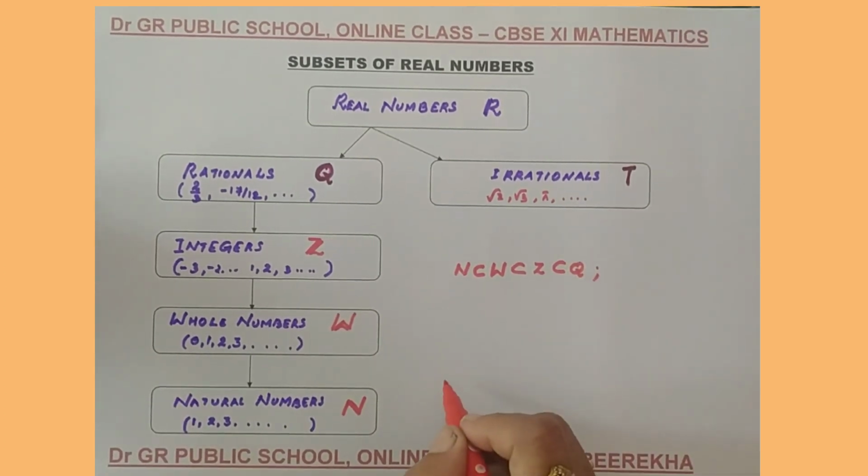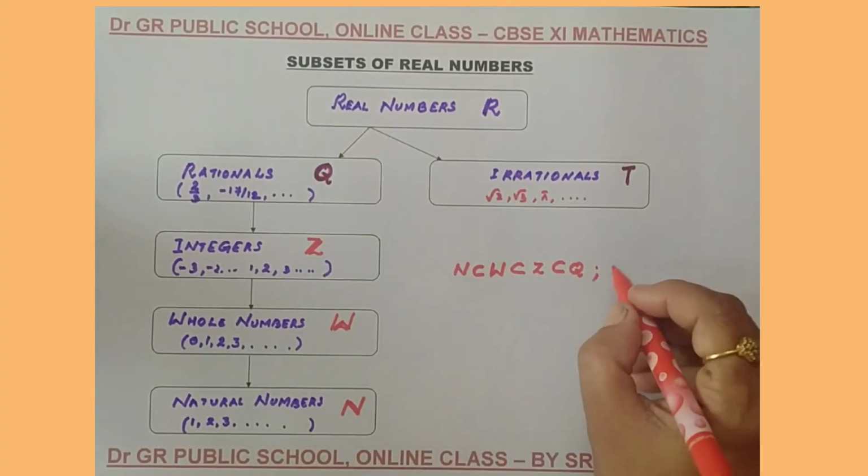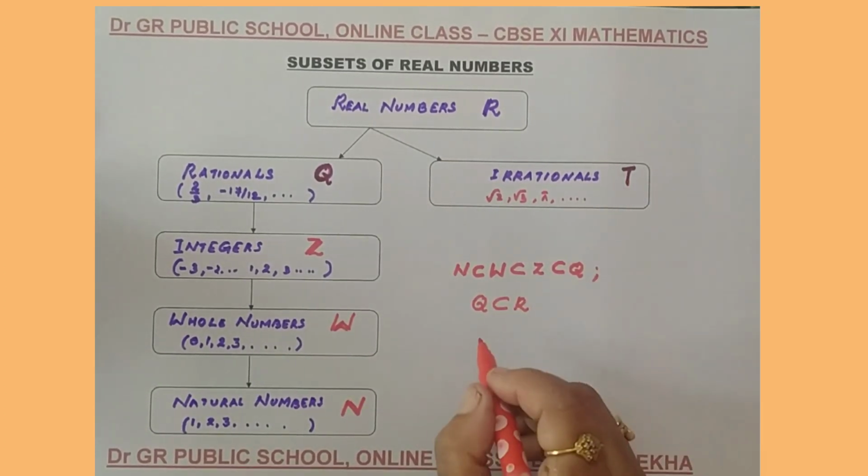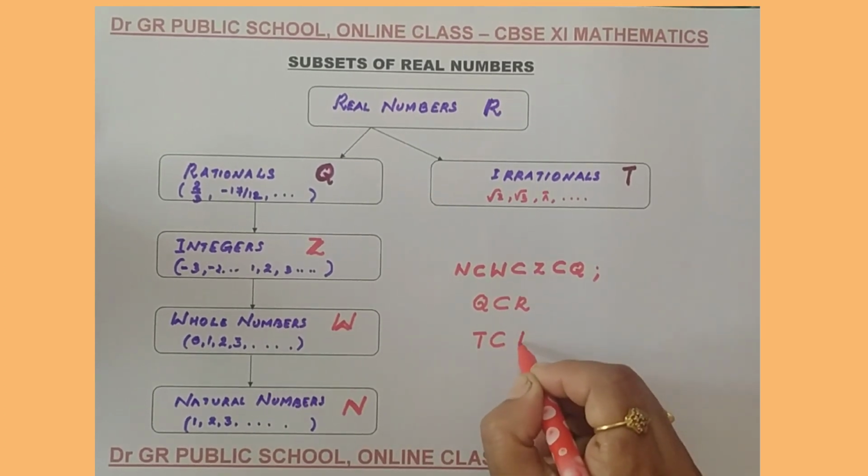Again, the rationals are a subset of reals, and irrationals are also a subset of the real numbers.